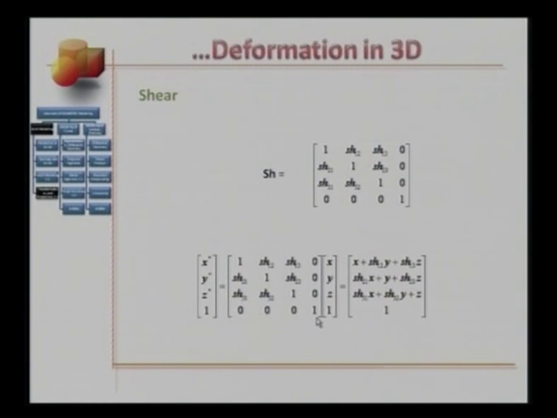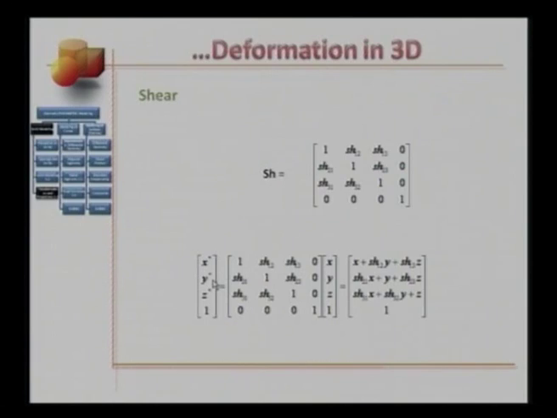This multiplication is quite straightforward, and once you multiply, you would see that the first entry x star corresponds to x plus sh sub 1 2 times y plus sh sub 1 3 times z, making these 2 non-zero entries affecting the shear along the x direction.